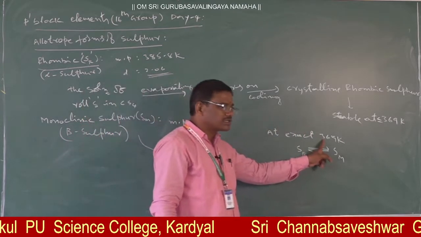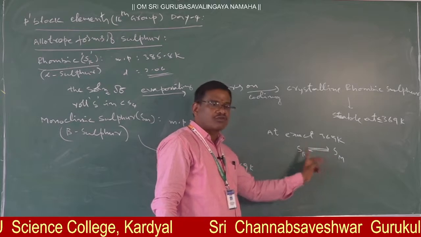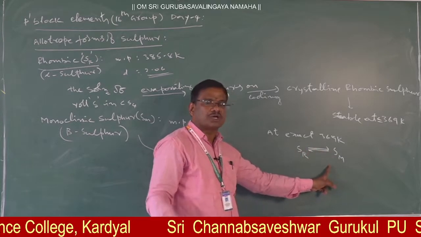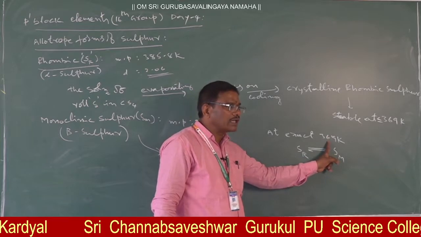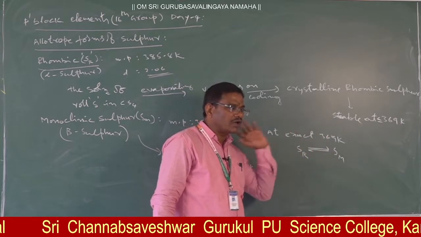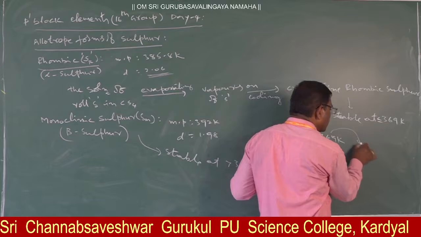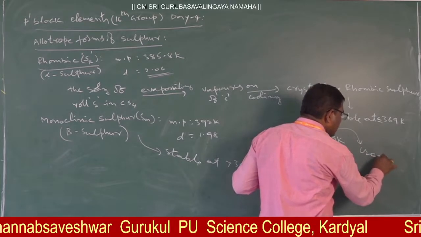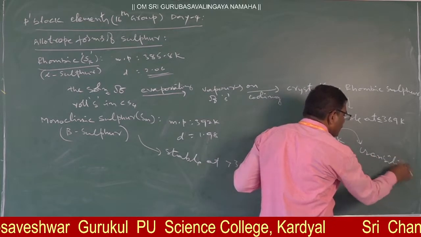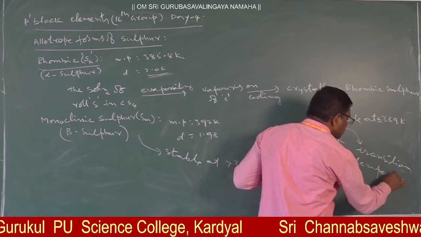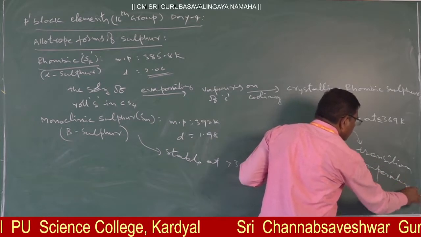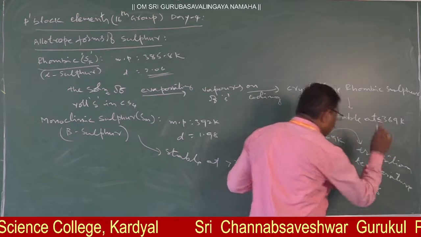And at exactly 369, these two sulfur allotrope forms are held in equilibrium, and this temperature is known as the transition temperature of sulfur.